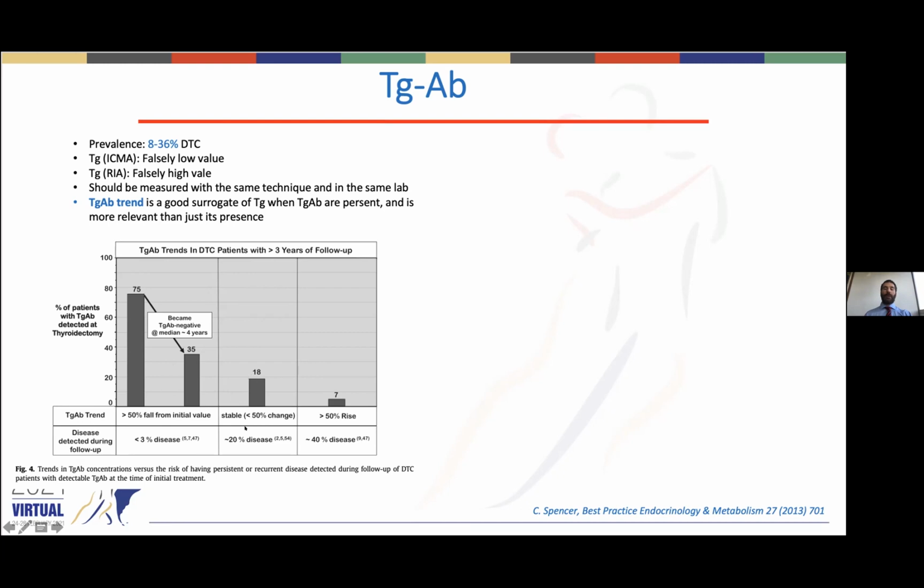A stable trend of thyroglobulin antibodies will be found in 18% of the patients, and the likelihood of recurrence in these patients is around 20%. Only 7% of the patients will have an increase in the thyroglobulin antibody levels. And in their case, the likelihood of having recurrent or persistent disease is around 40%.